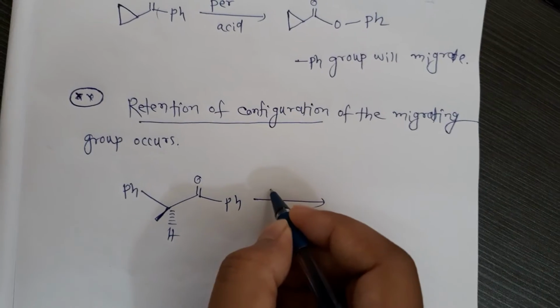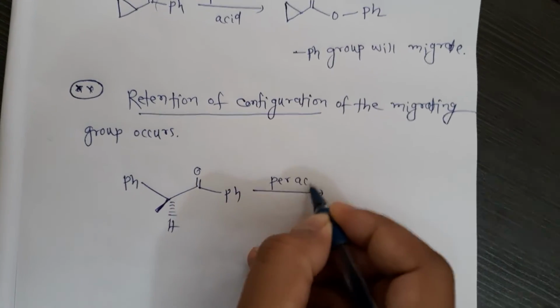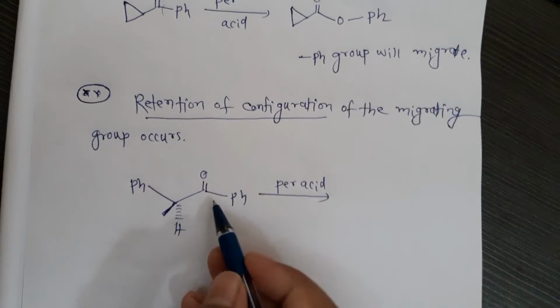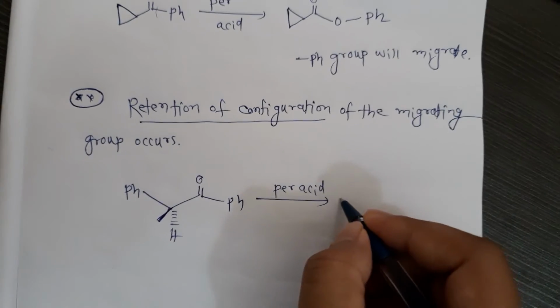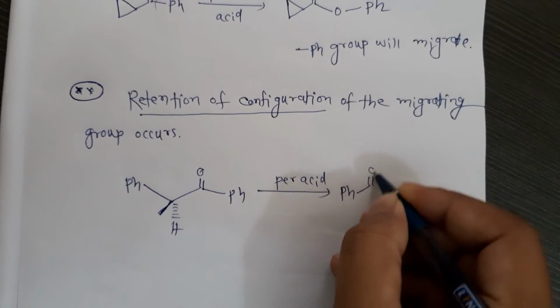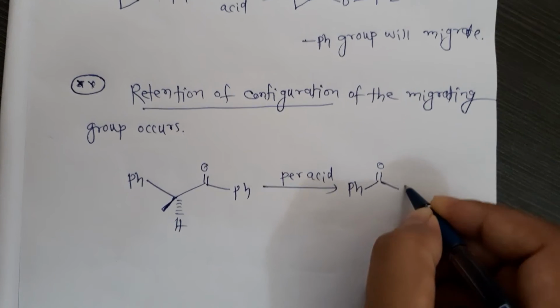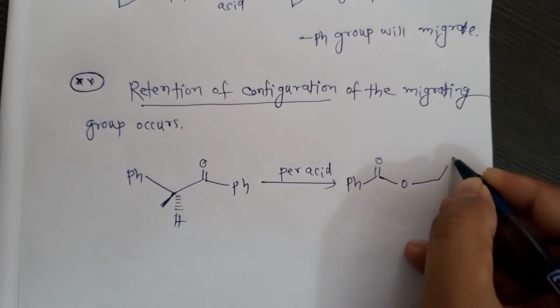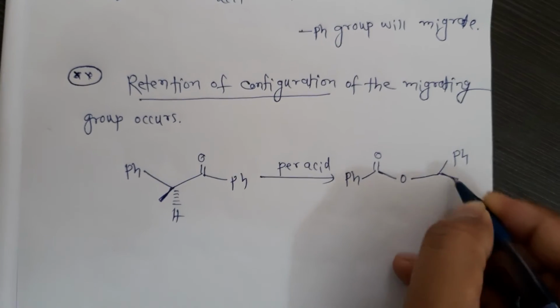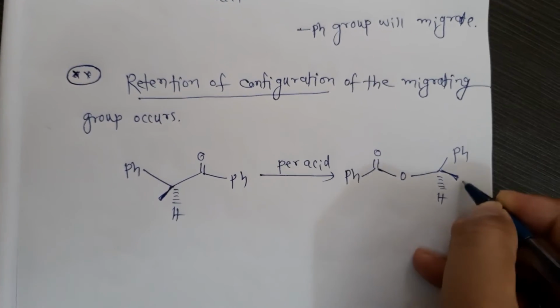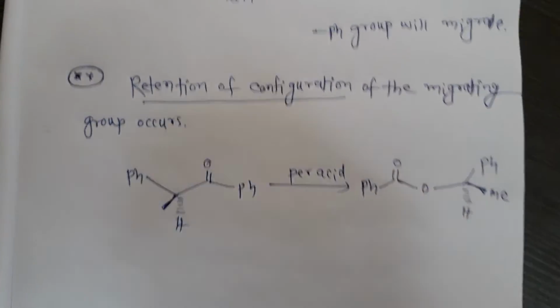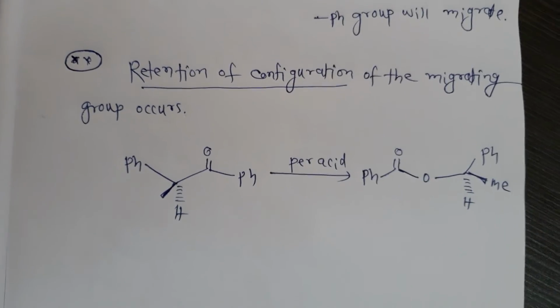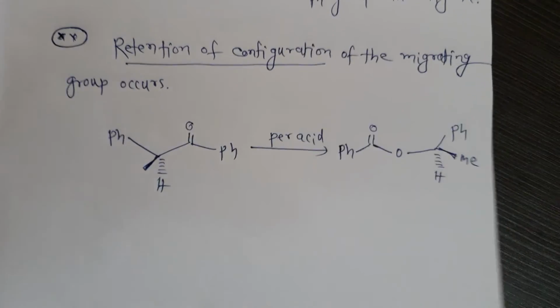If we give per acid, then this group will migrate here. Then Ph, O, Ph, methyl, hydrogen. The configuration of that carbon will remain the same.